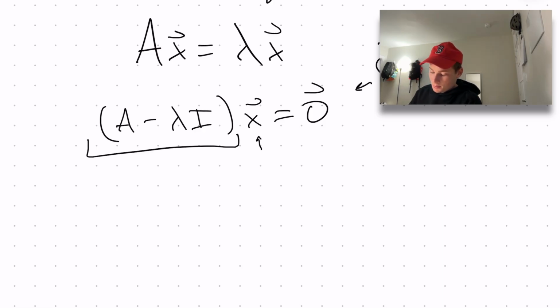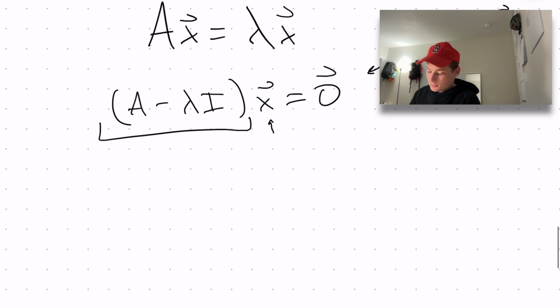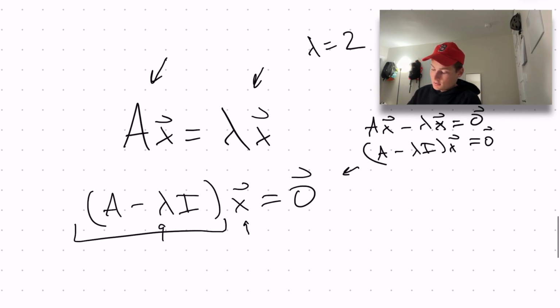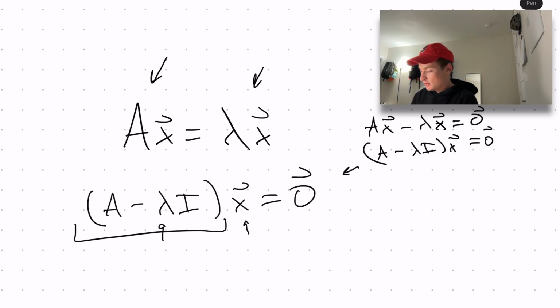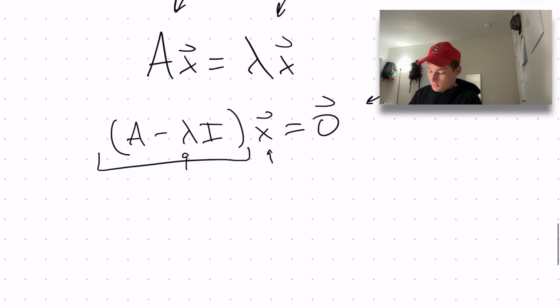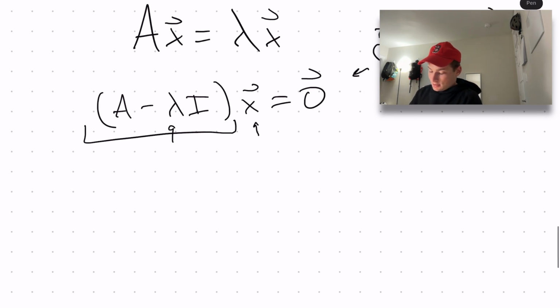But we kind of have a problem where we don't know that yet. We could just guess, we could verify, like, okay, if we had 2 as an example, we can plug it in here and then solve for x. But we have 2 unknown variables, which is a problem. So instead, we want to solve the determinant of this, where that equals 0.